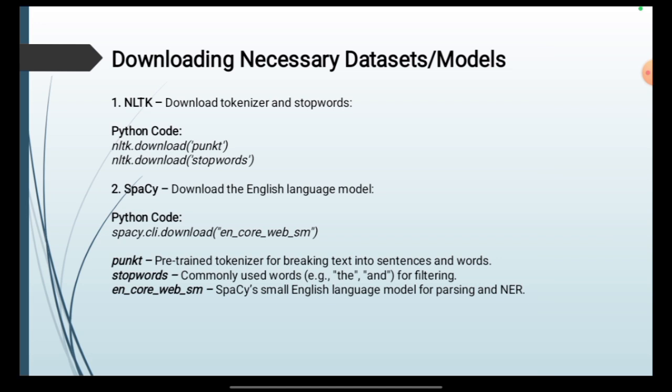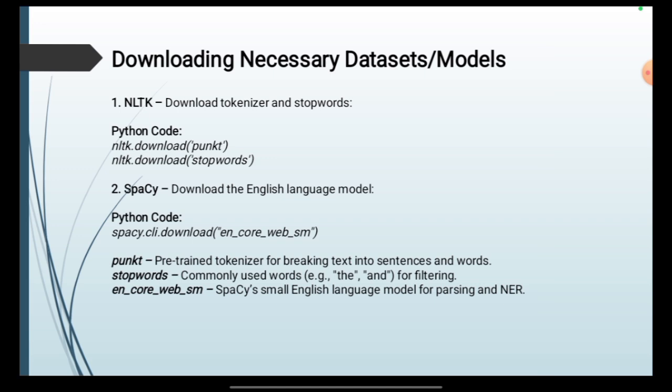Spacy requires the en_core_web_sm model, which is a small but effective English language model for tasks like tokenization, parsing and named entity recognition (NER). Downloading these resources ensures that the libraries function correctly for NLP tasks.